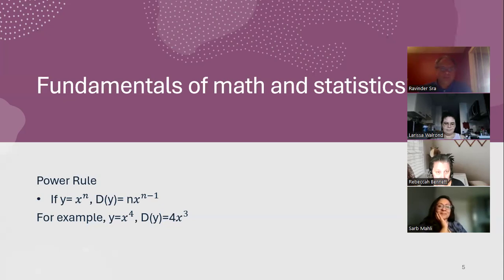First, n, the power, multiplies in front, and decrease the power by 1. Simple things. For example, I give you x raised to power 4 and its derivative is 4x raised to power 3. Decrease the power by 1.